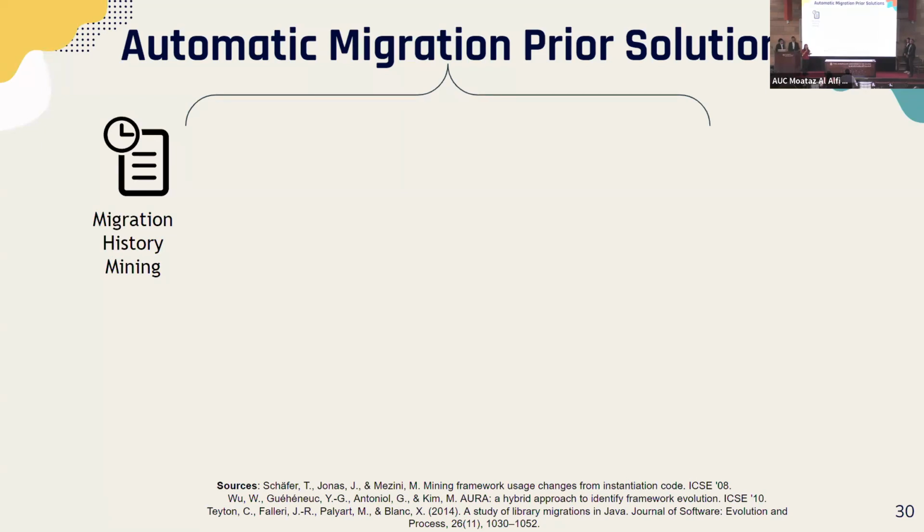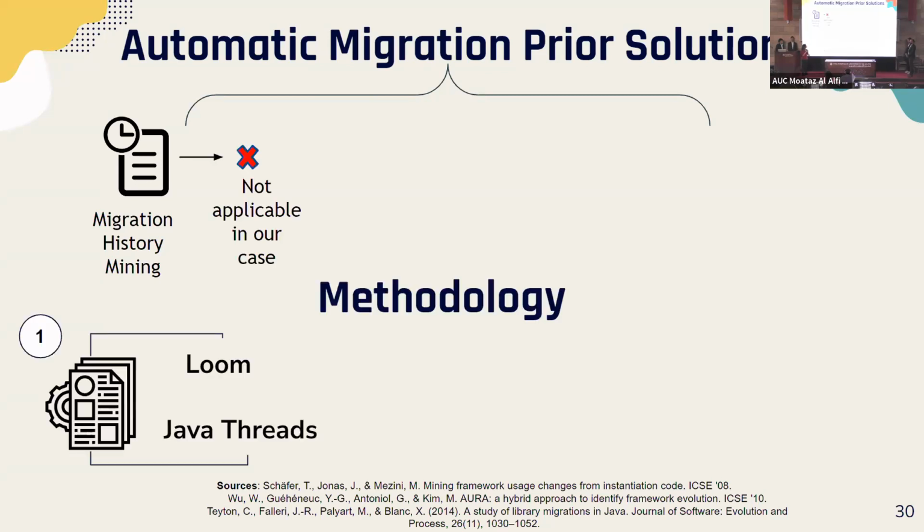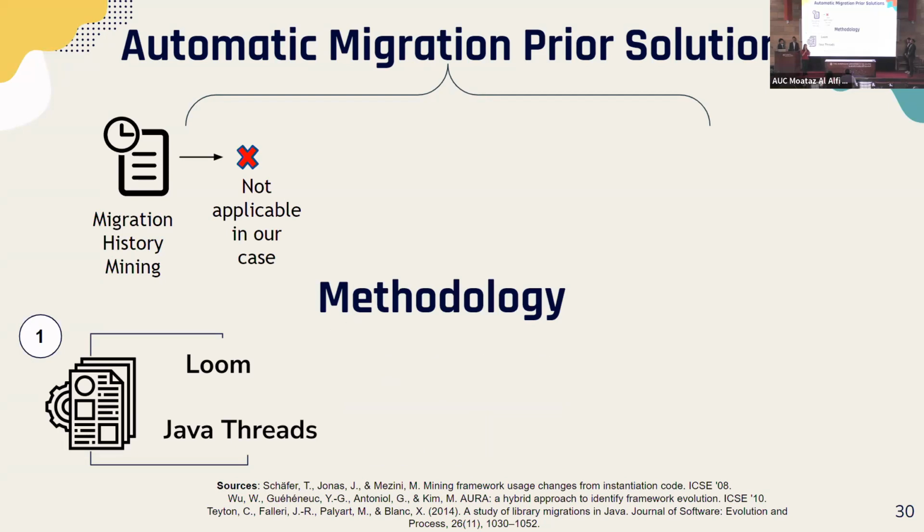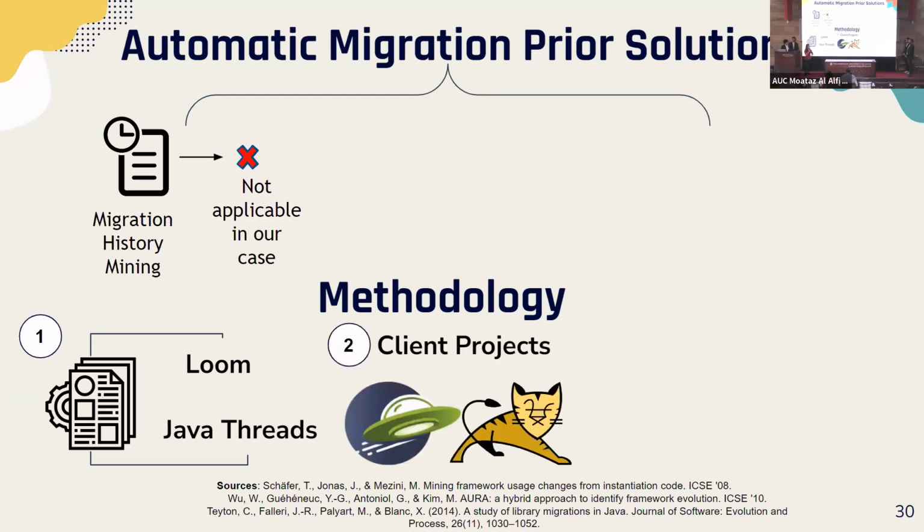But we did use it to find the first step in our methodology, which is looking at the documentation of Loom and Java threads in order to find patterns manually. The second part of our methodology was finding a client project in order to apply those patterns, and I'll expand on this further in the next slide.